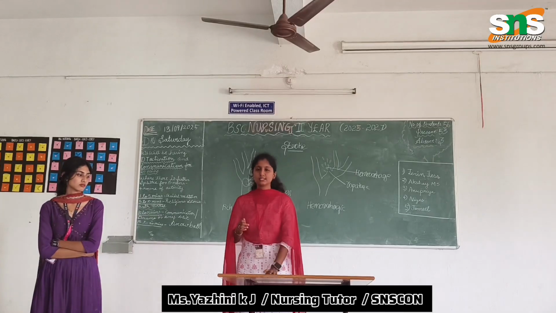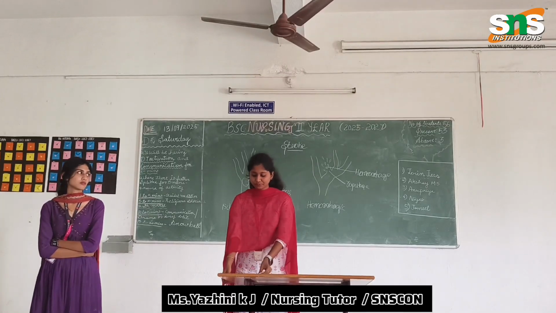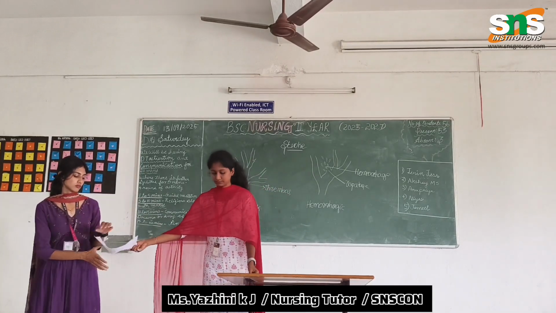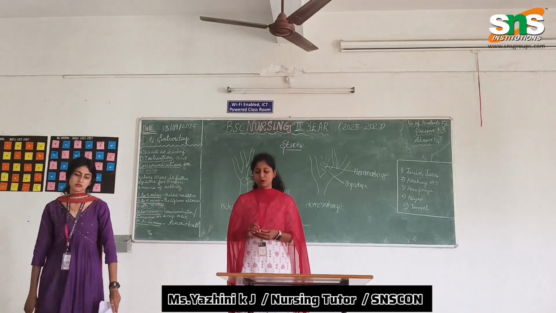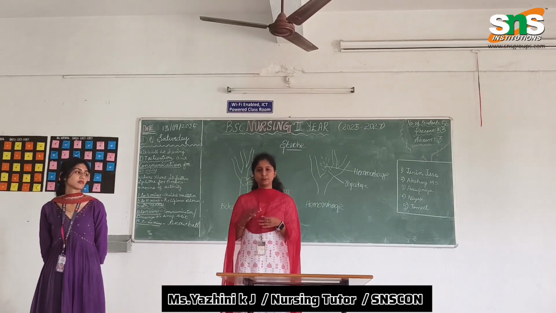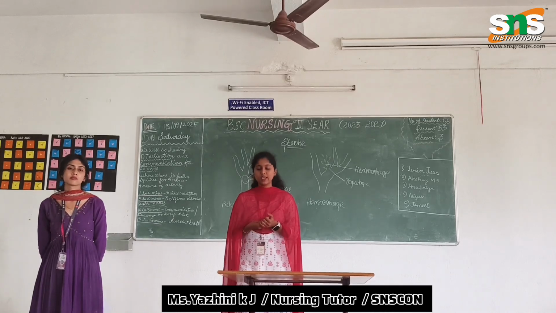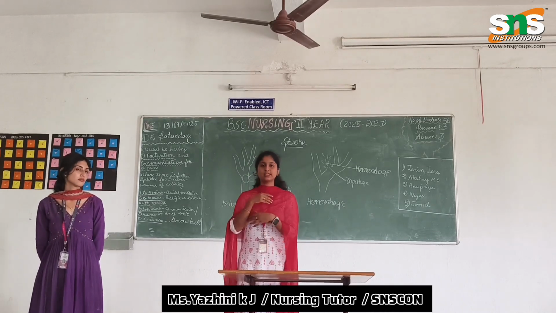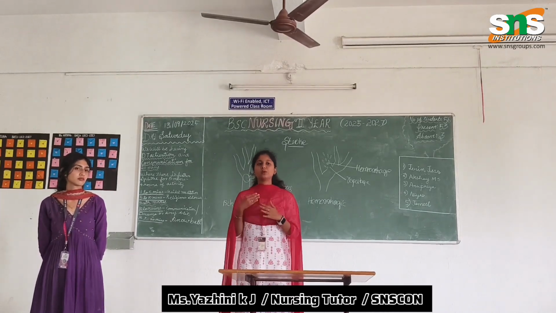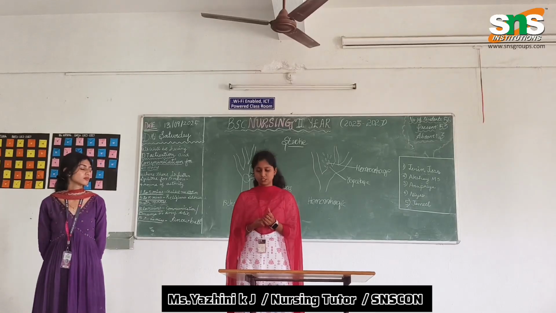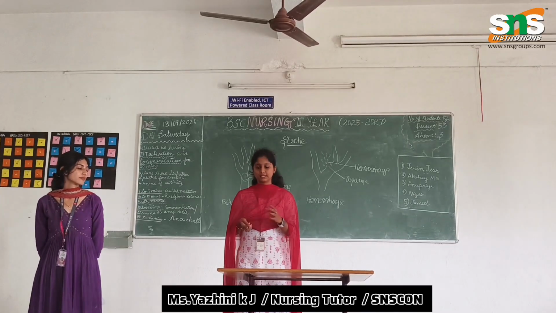The signs and symptoms of stroke are sudden numbness or weakness in one side of the body, confusion, trouble in speaking and understanding speech, and also the patient has visual disturbance and loss of balance on one side.